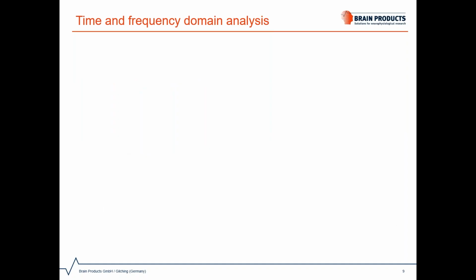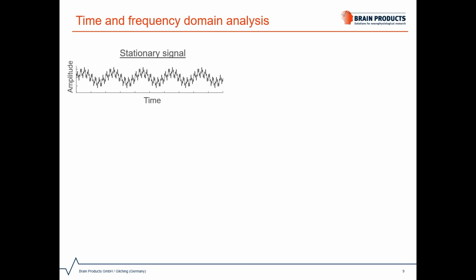Because connectivity is often based on frequency domain data, we need to transfer our EEG signal into the frequency domain. If we have a stationary signal or can assume quasi-stationarity, so EEG signals that are made up of constant oscillations, such as this one, we can apply the FFT, or the Fourier transform, which calculates the average frequency content within a given time window.